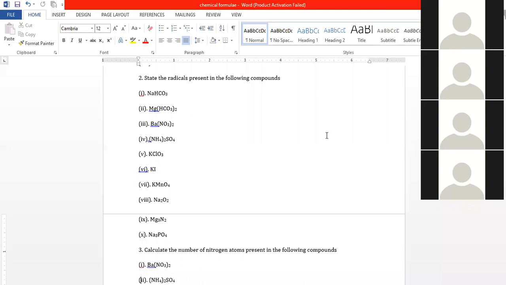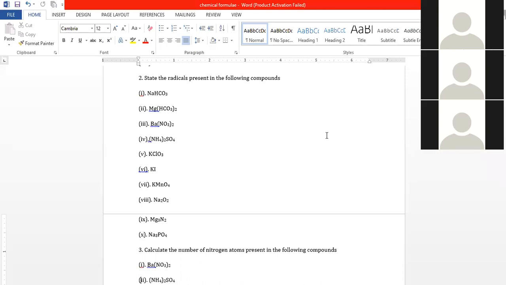It has another name which we can say manganate 7. Or you can call it the permanganate radical. Is that okay? Can be manganate, permanganate. Yes, thank you, teacher. Okay.